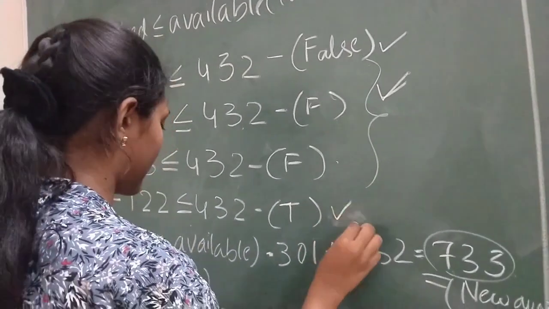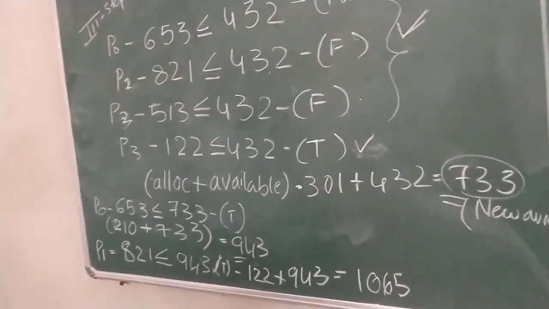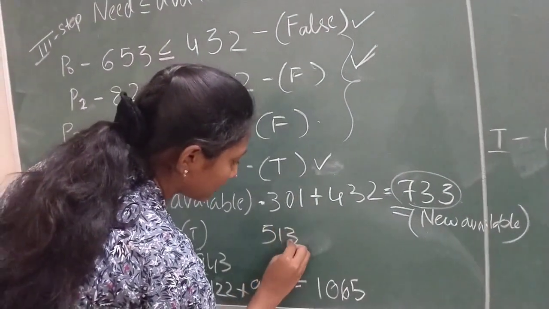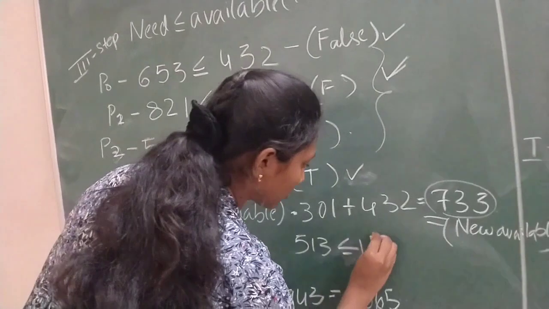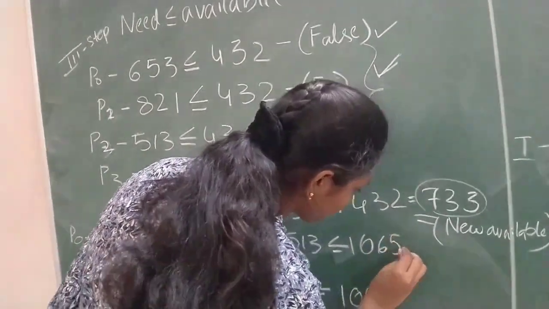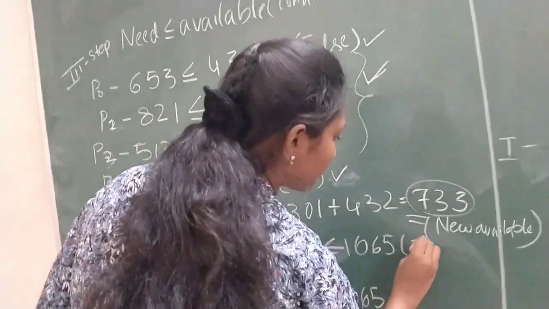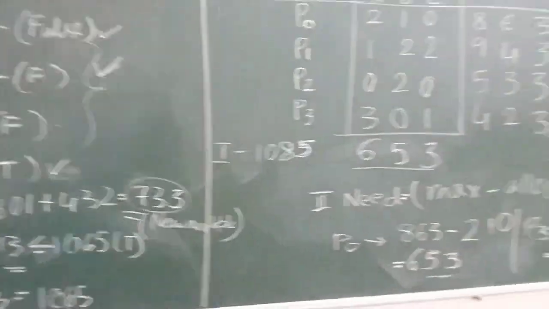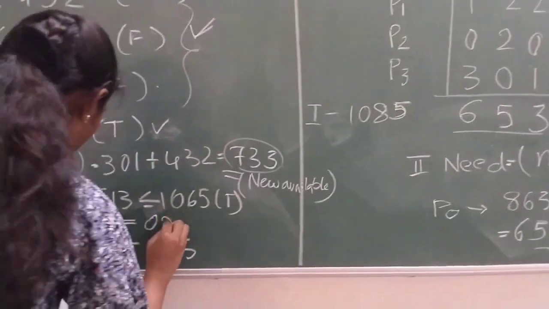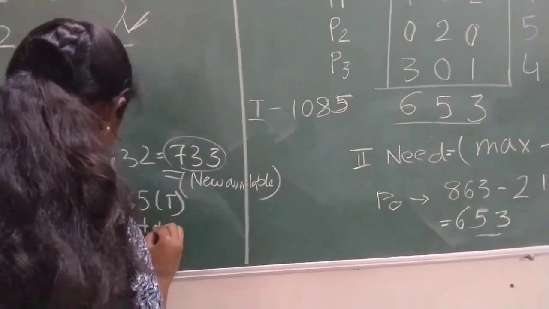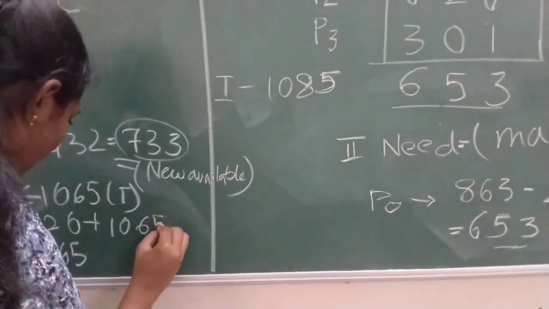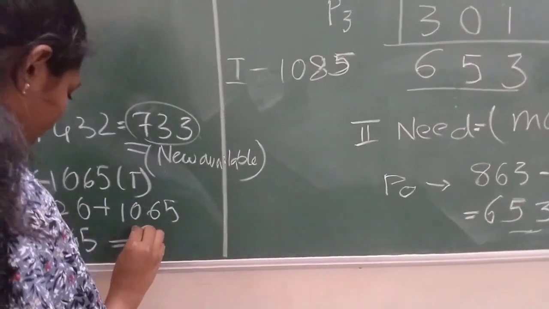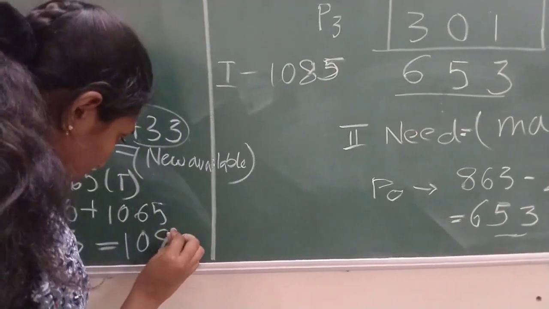Now let us check P2. P2 is 513, which is lesser than 1065. So the condition is true. Hence we add again 020 plus 1065 equals 1085.